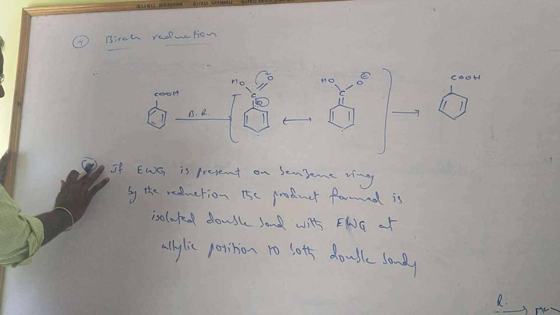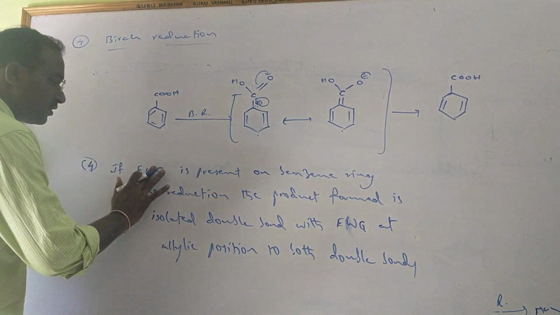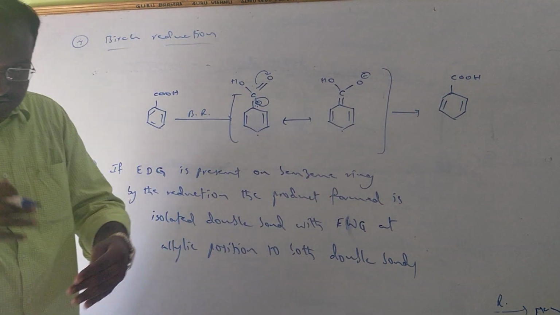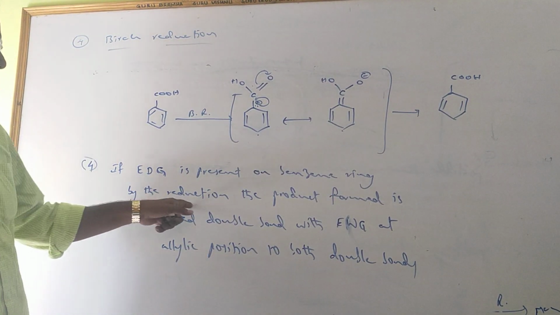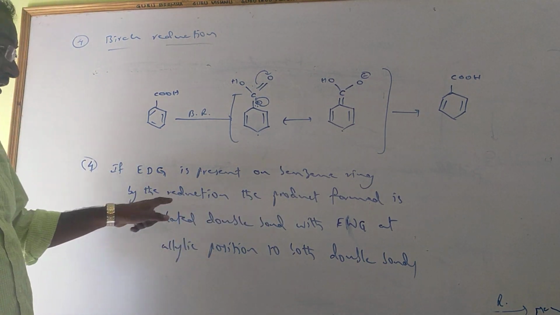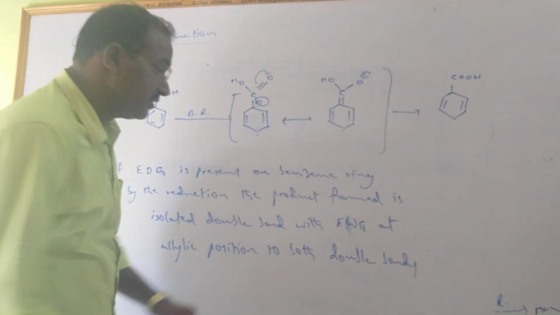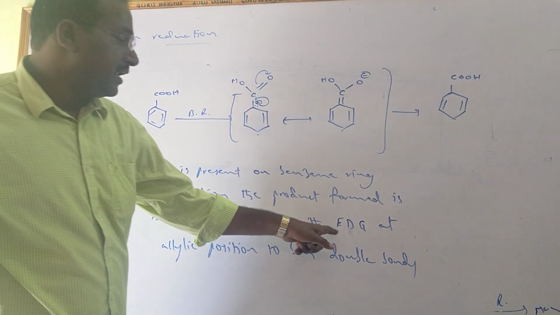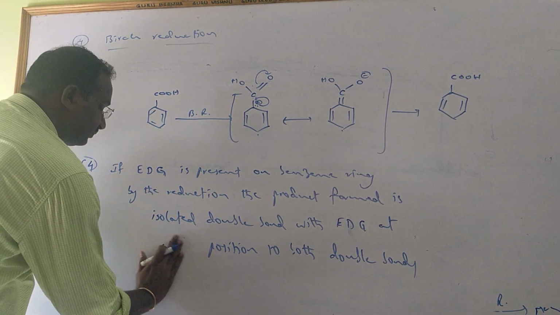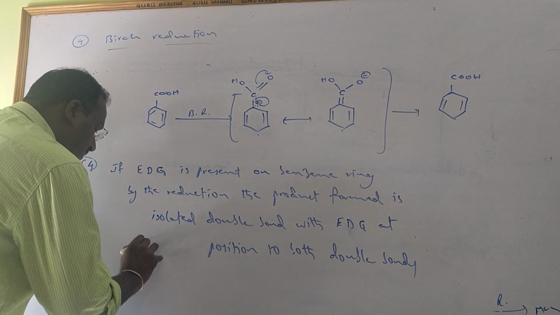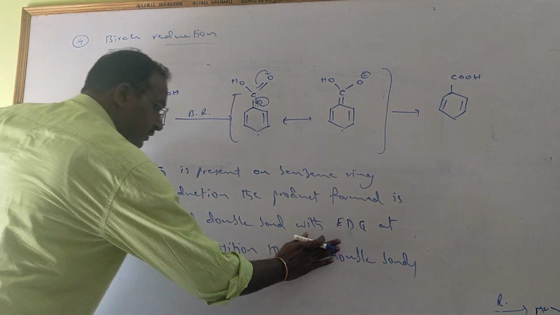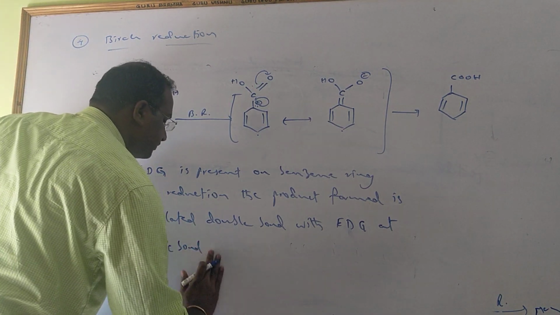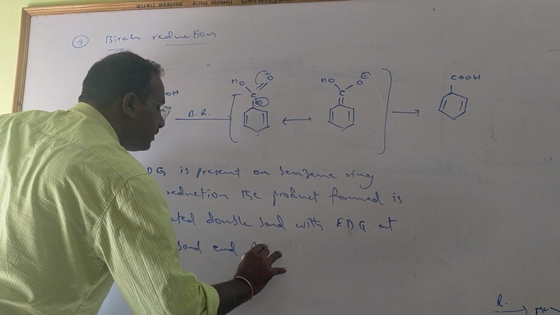Next, number 4. If an electron donating group is present on the benzene ring instead of an electron withdrawing group, it gives an isolated double bond product with the electron donating group at the double bond end position.